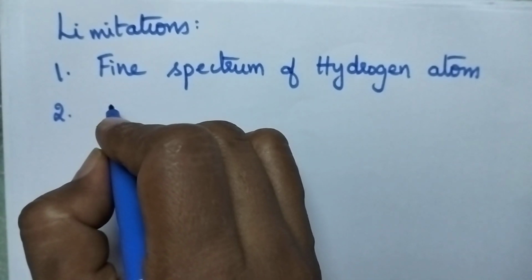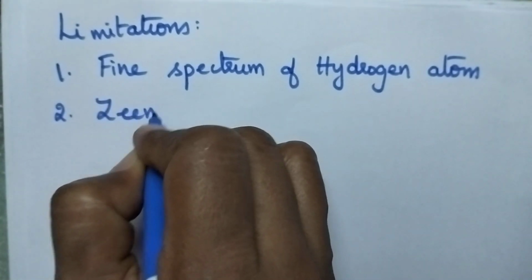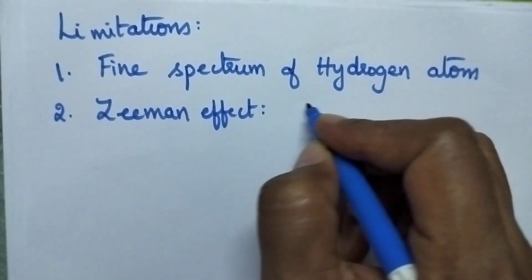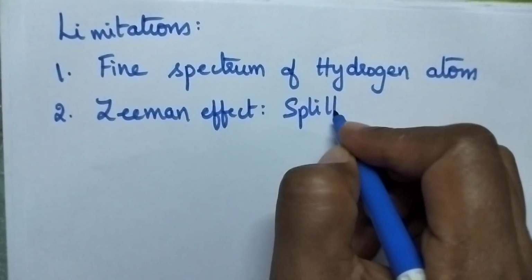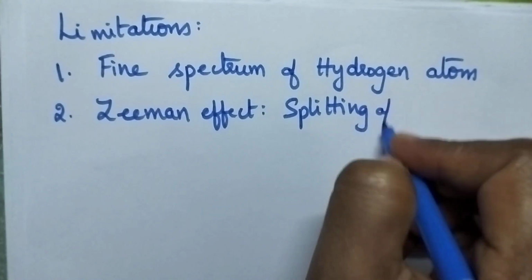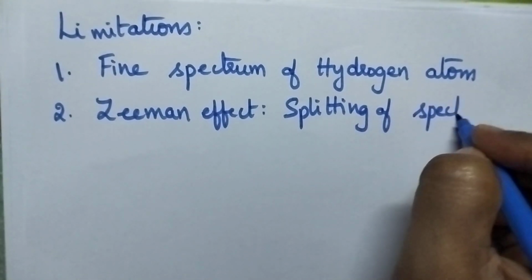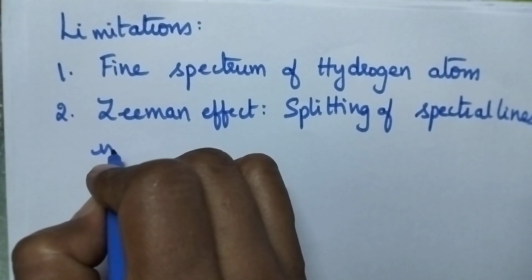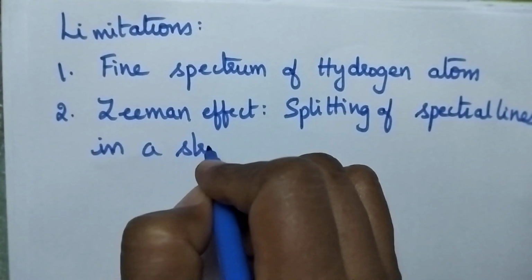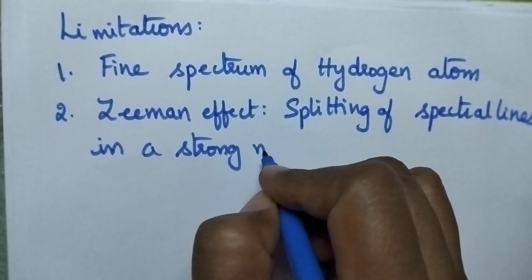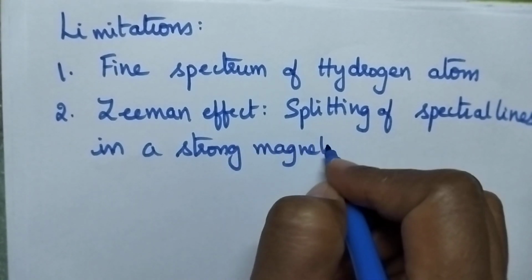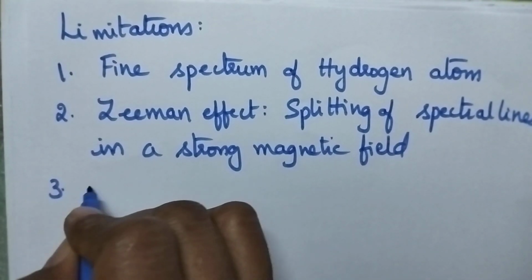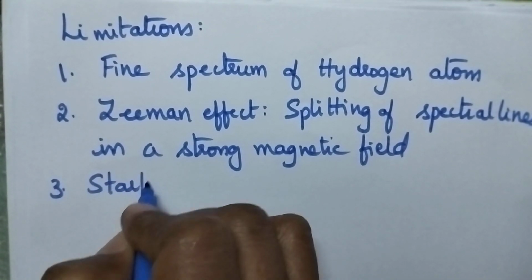Bohr's theory fails to explain the Zeeman effect. Zeeman effect means the splitting of spectral lines in a strong magnetic field. At the same time, it fails to explain the Stark effect.